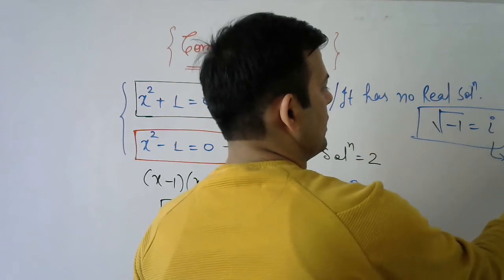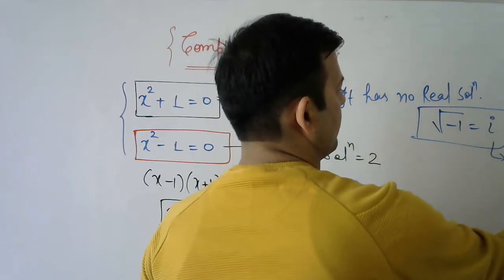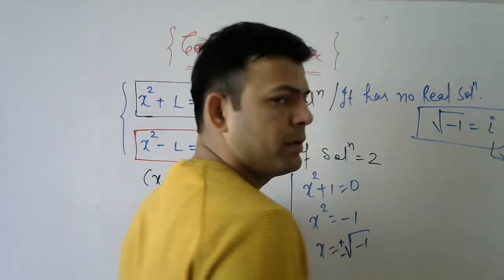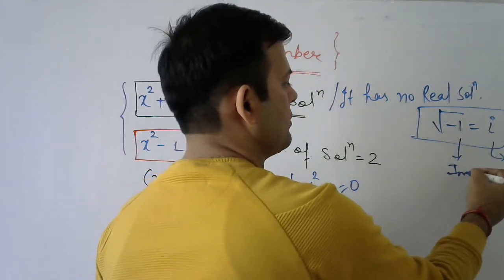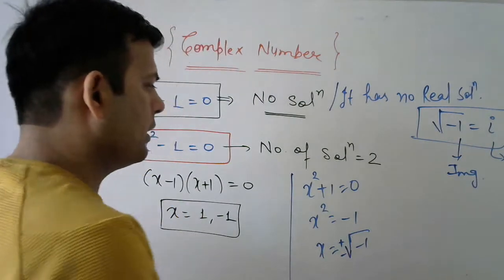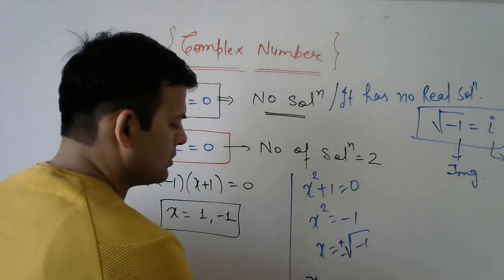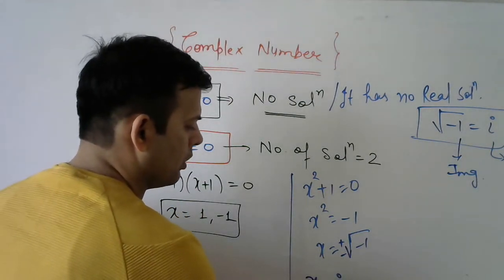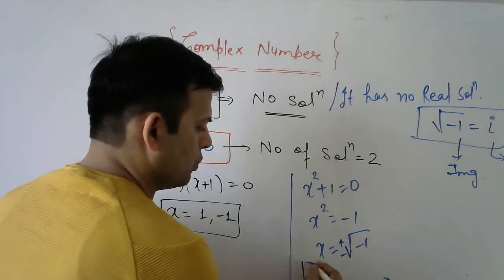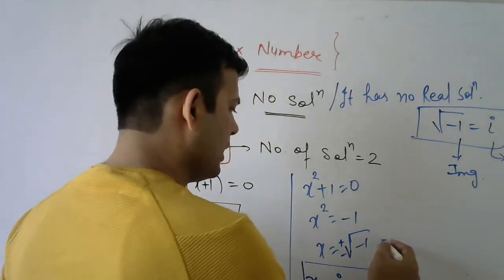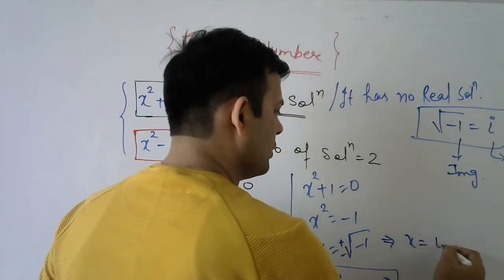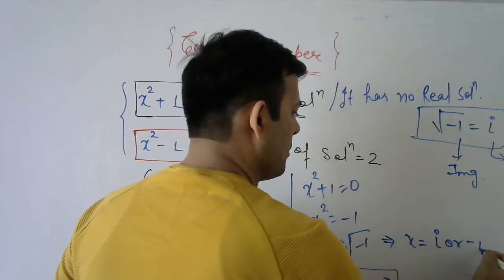It's an imaginary quantity. So if I put iota here, I will get x is equal to iota or minus iota. For this equation, I have two solutions, iota or minus iota.